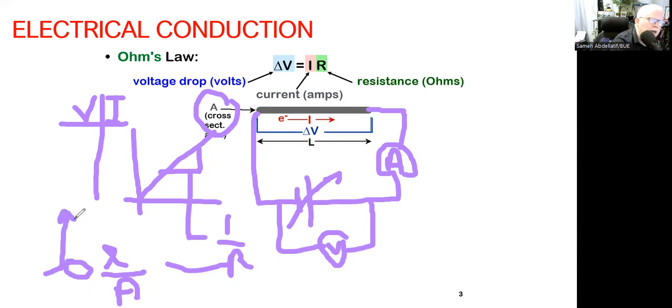Now, sigma, which is the conductivity, equals the reciprocal, 1 over rho. By doing this simple experiment, you can investigate the conductivity of different materials across different conditions.